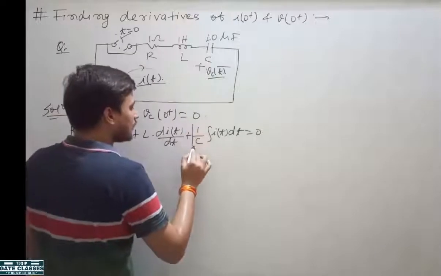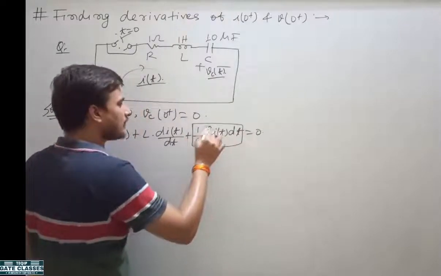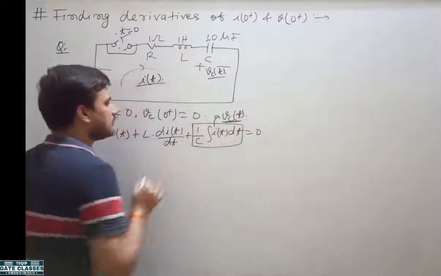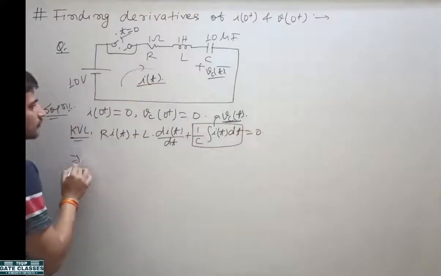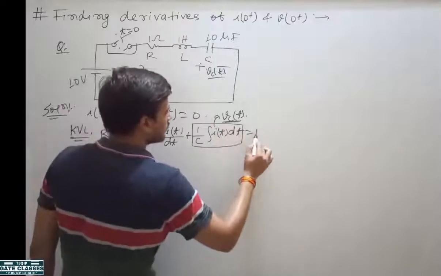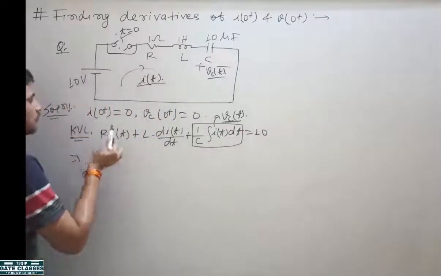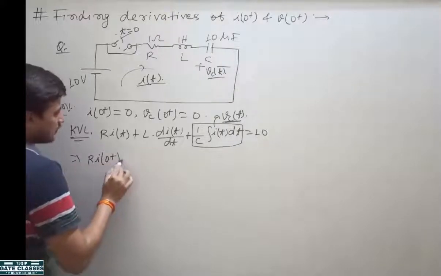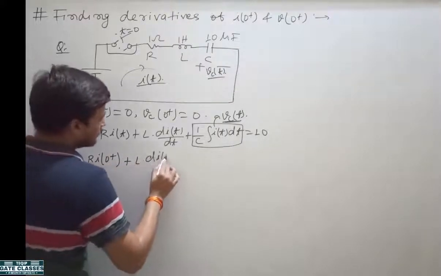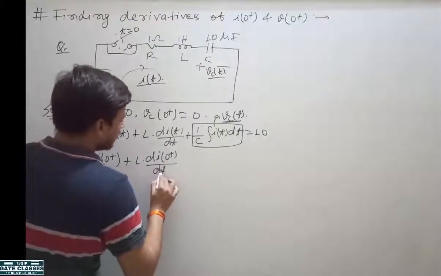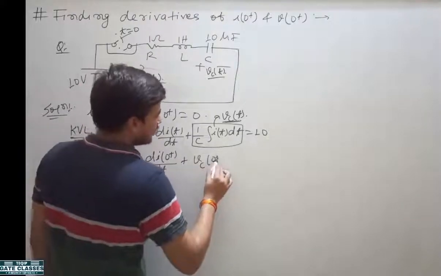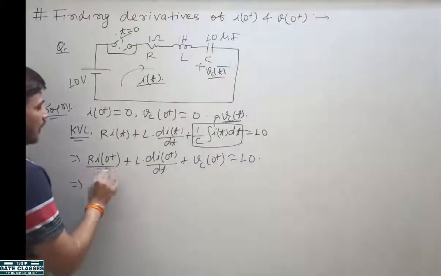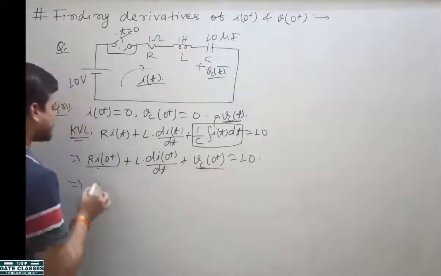Or we can simply write, instead of 1 by C integral of IT dt, VCT. It will be equal to 10 volt, since here the voltage is 10 volt. Now we'll put t equal to 0 plus. So here it will be R into I0 plus L into DI0 plus upon DT plus VC0 plus will be equal to 10.